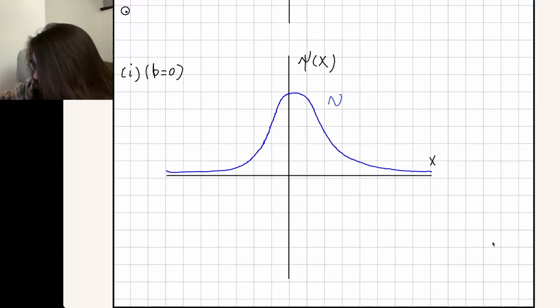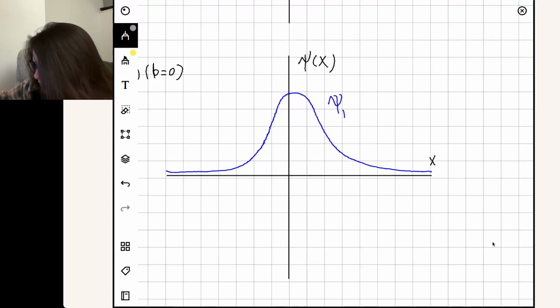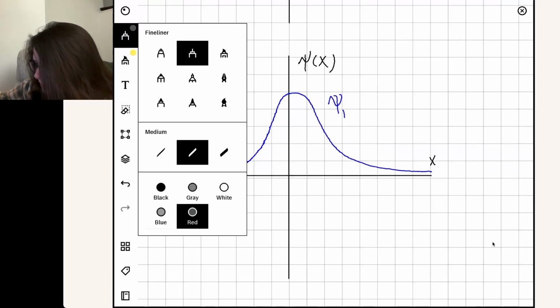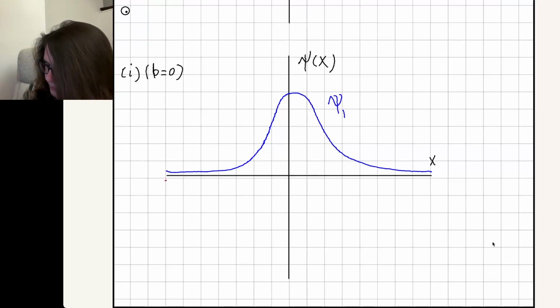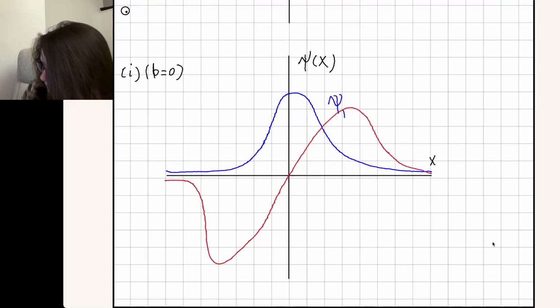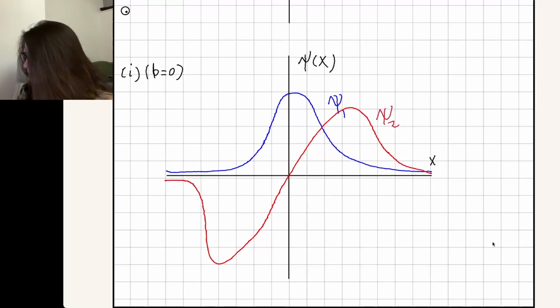So that's psi 1, and then the first excited state has a pattern that's like two Gaussians split down the middle, one going negative and one going positive. So kind of like that. And that's psi 2.